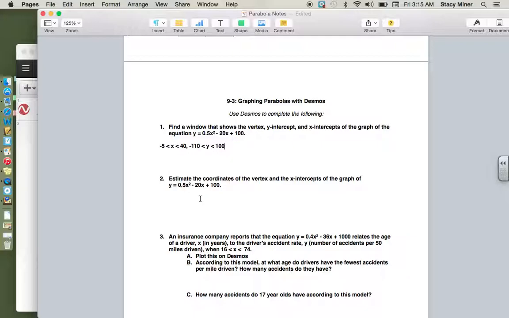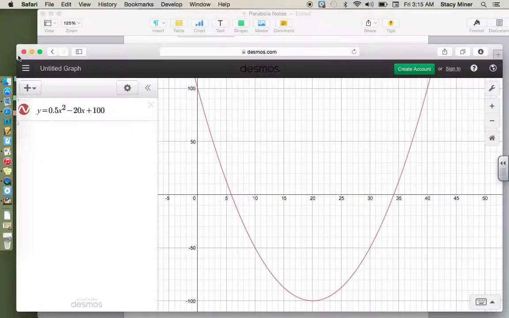Okay. Question 2, estimate the coordinates of the vertex and the x-intercepts of the graph y equals half x squared minus 20x plus 100, which is the same thing as up here, so we already have it graphed. We're just trying to find the coordinates of the vertex and the x-intercepts.